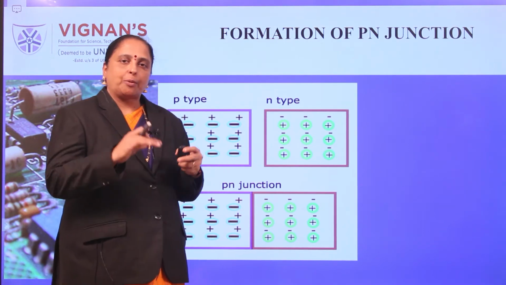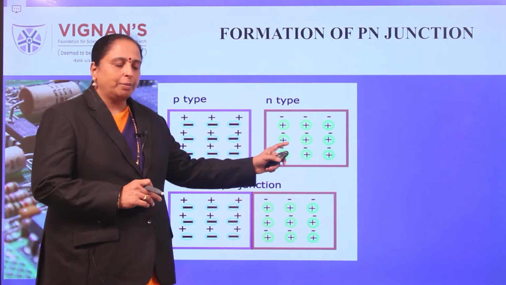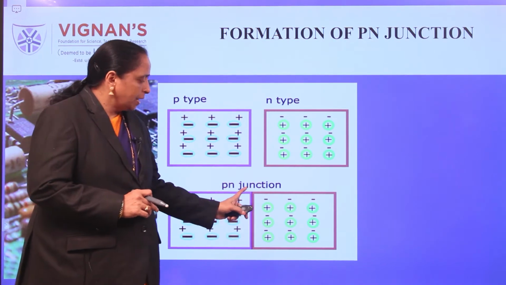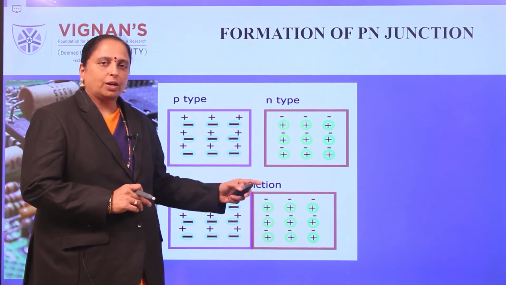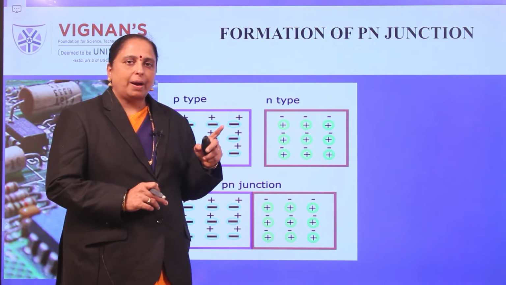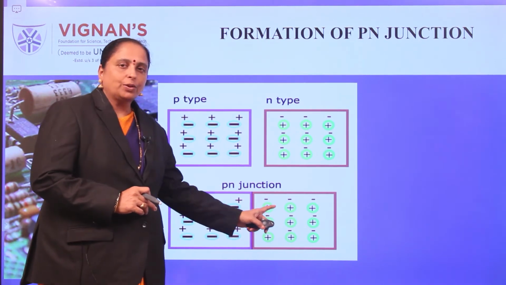After that we will combine this P material with N material to form a PN junction. So we are going to study the energy band diagram of the open circuited PN junction.